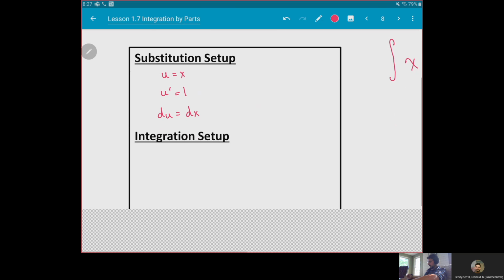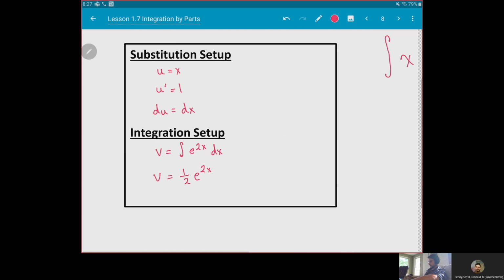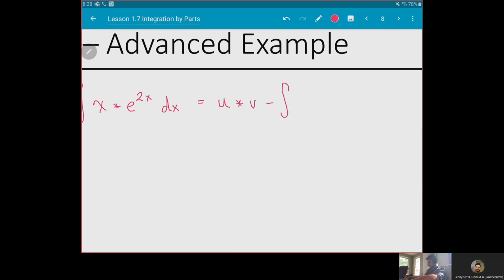Okay. V is still going to be equal to e to the 2x, and so V is equal to 1/2 e to the 2x. All right, so I am just doing integration by parts a second time. That's all I'm doing.